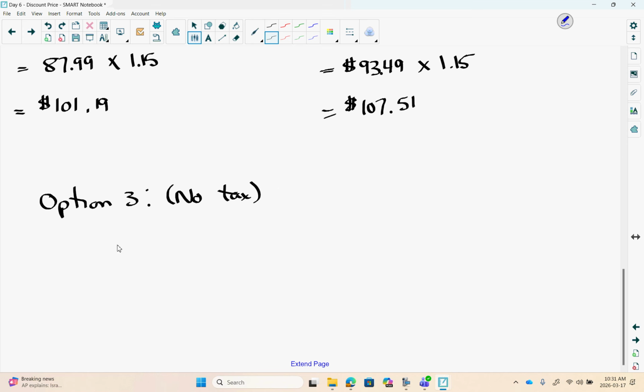So what would you pay for the hard drive? $199.99. So the cost is just $109.99. So if you're comparing the 3 options, which one's still the best? Option 1.